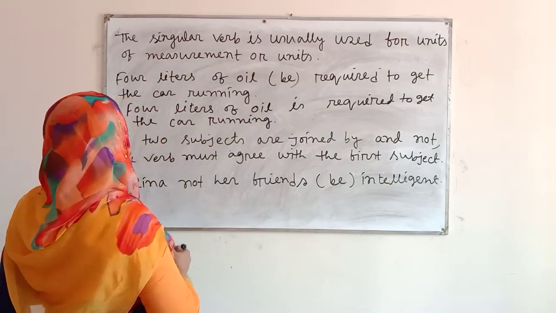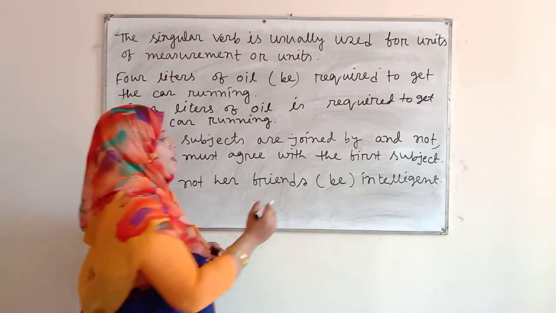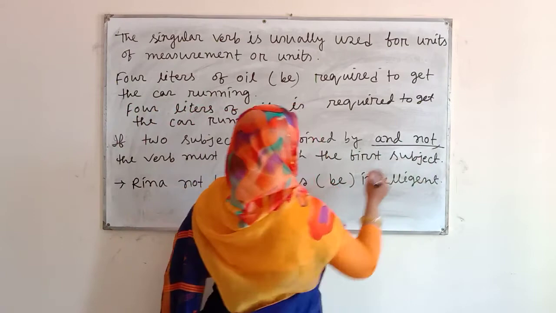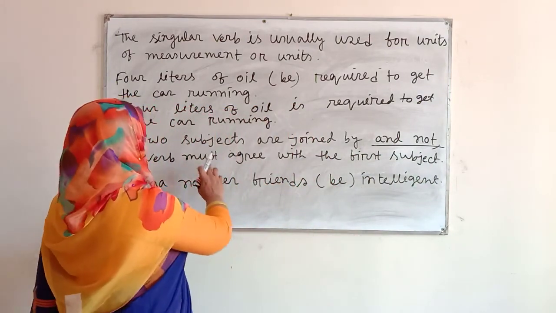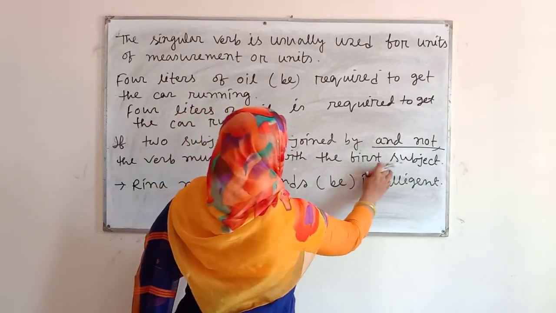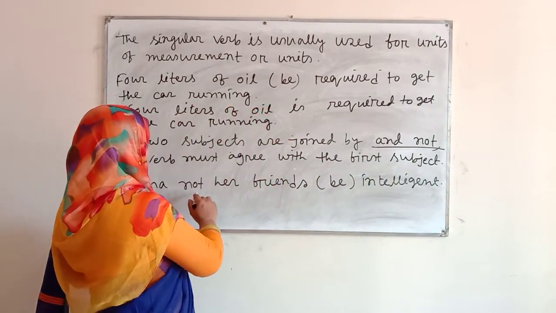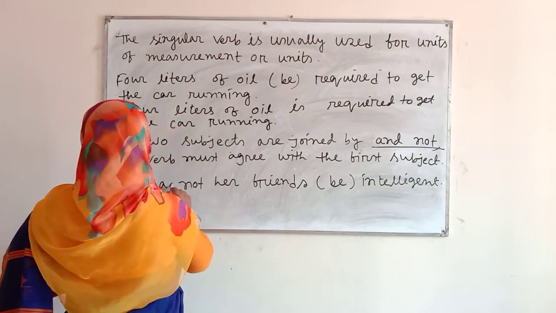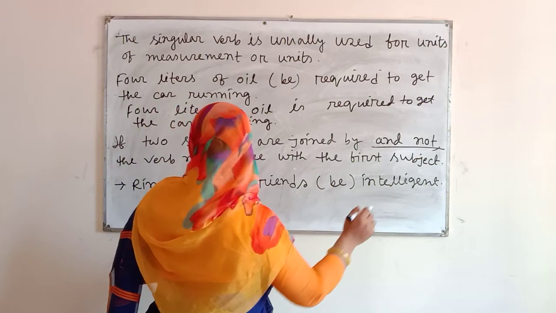Second one, if two subjects are joined by and not, the verb must agree with the first subject. The example, Rina and not her friends be intelligent.